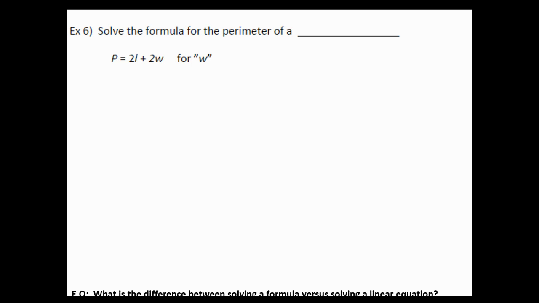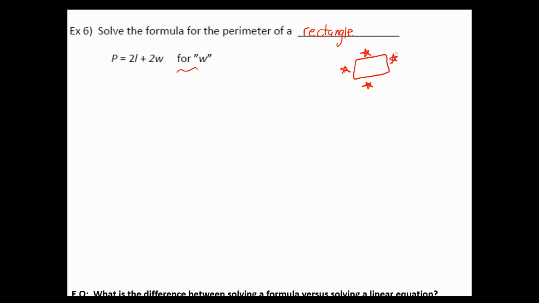Okay, for example 6, do you remember what the perimeter is, 2 lengths plus 2 of the widths? Perimeter of a rectangle. Remember? 2 of the lengths, 2 of the widths, 2 of these, 2 of these. If you add them up, you get the perimeter, right?